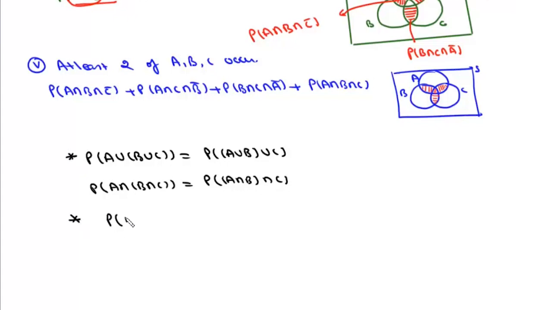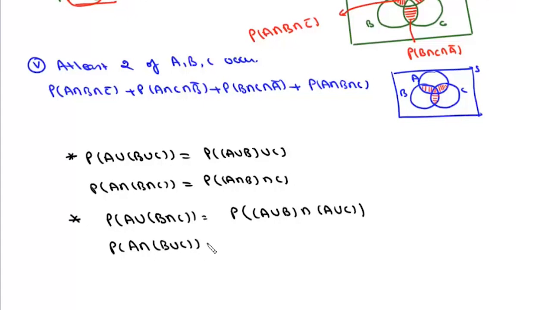So probability of A union B intersection C is probability of A union B intersection A union C, and probability of A intersection B union C as probability of A intersection B union A intersection C.